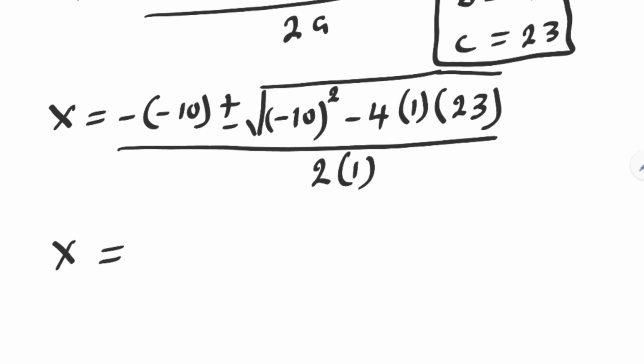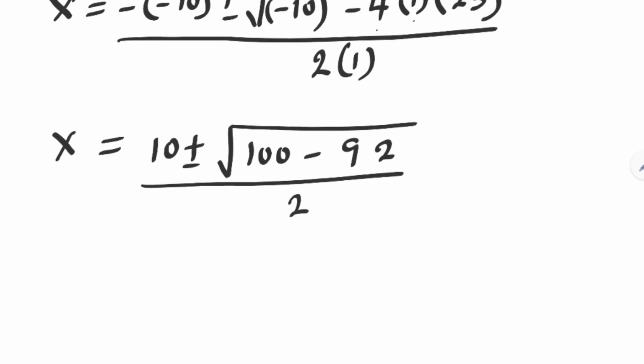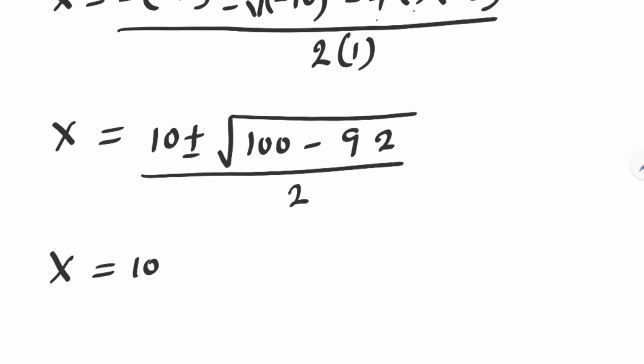x is equal to minus times minus 10, that is 10, plus or minus square root of minus 10 squared, 100, minus 4 multiplied by 1 multiplied by 23, that is 92, divided by 2 multiplied by 1, 2. x is equal to 10 plus or minus square root of 100 minus 92, that is 8, divided by 2.